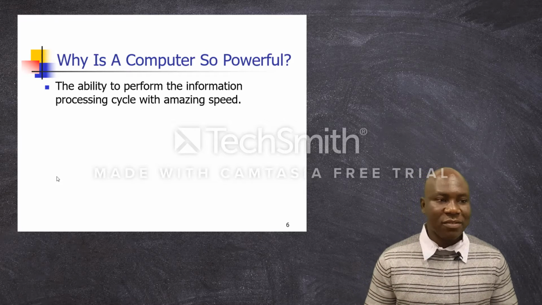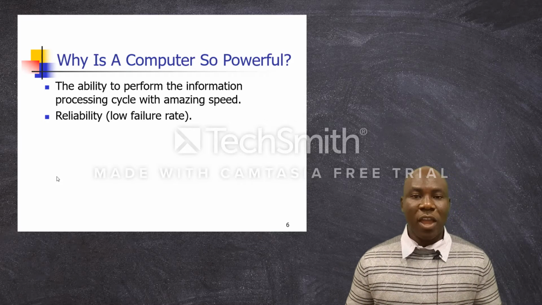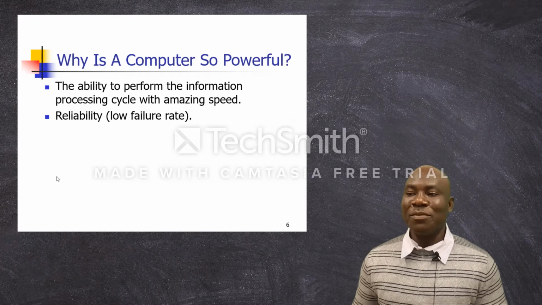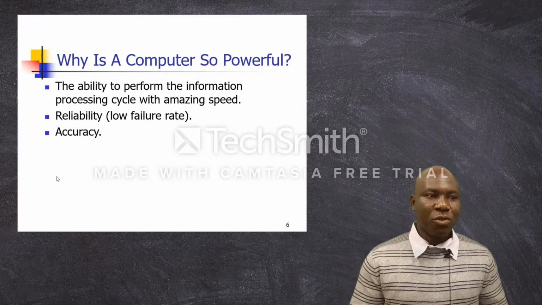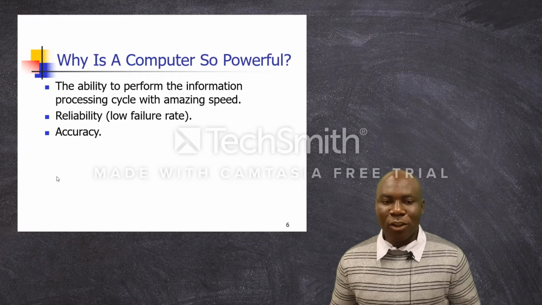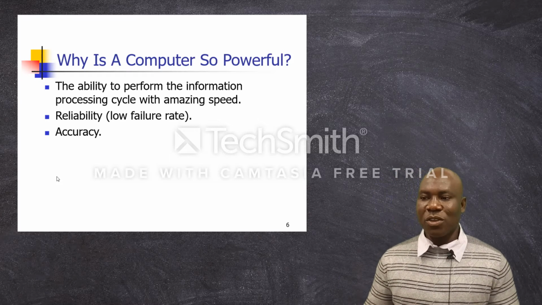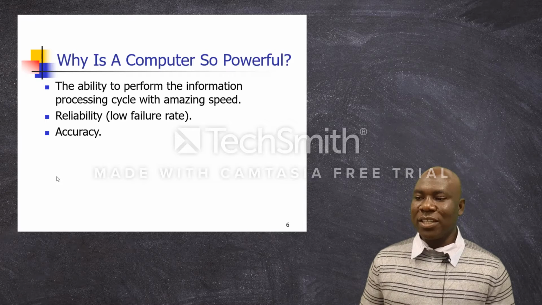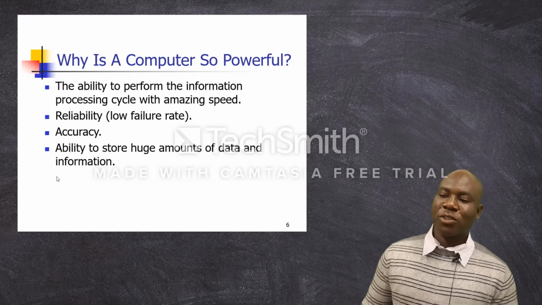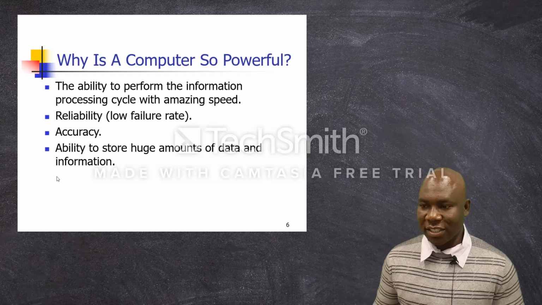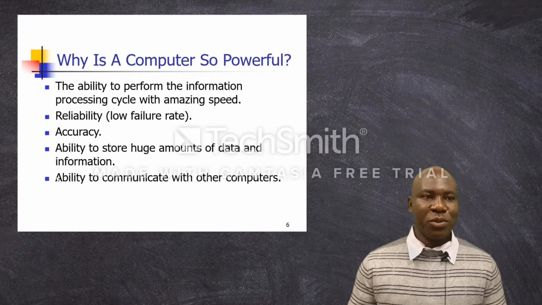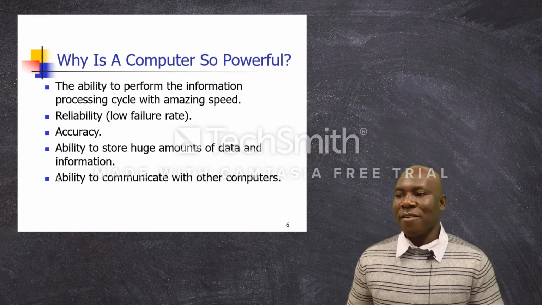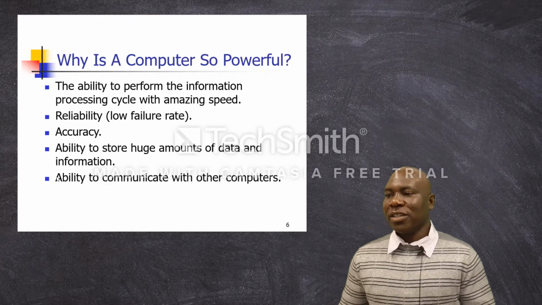The computer is very reliable because it can store a lot of information that is retrievable. It is also very accurate in calculating a lot of decimals, and has the ability to store huge amounts of data and information. The computer also has the ability to communicate with other computers. That makes the computer very, very powerful.